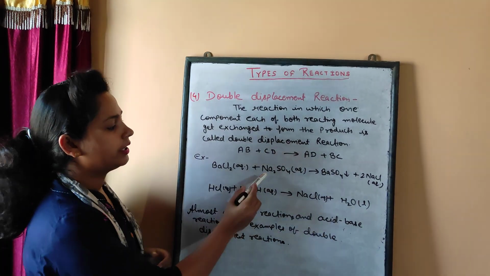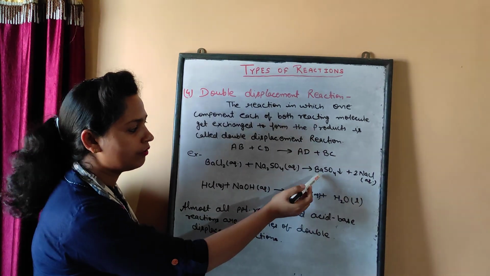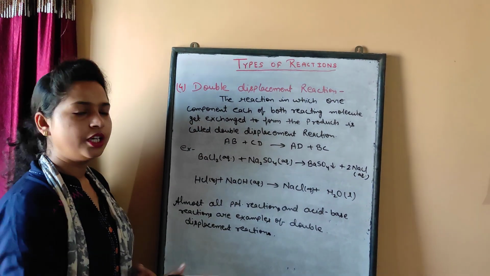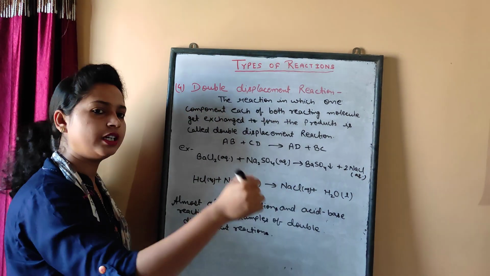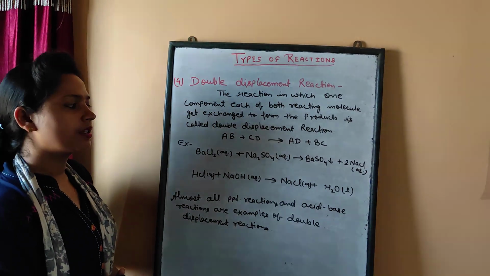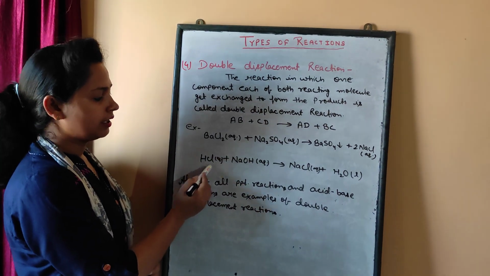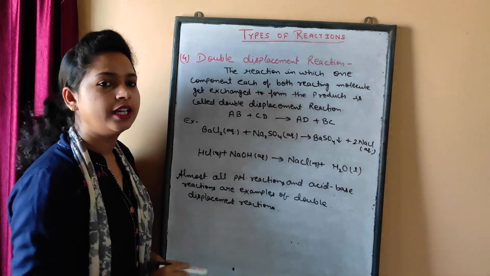Barium chloride reacts with sodium sulfate to give a precipitate of barium sulfate and NaCl. Clear? Barium sulfate is in precipitate form, that's why I use the downward arrow, which is the symbol of precipitate. The next example is HCl plus NaOH giving NaCl plus H2O.